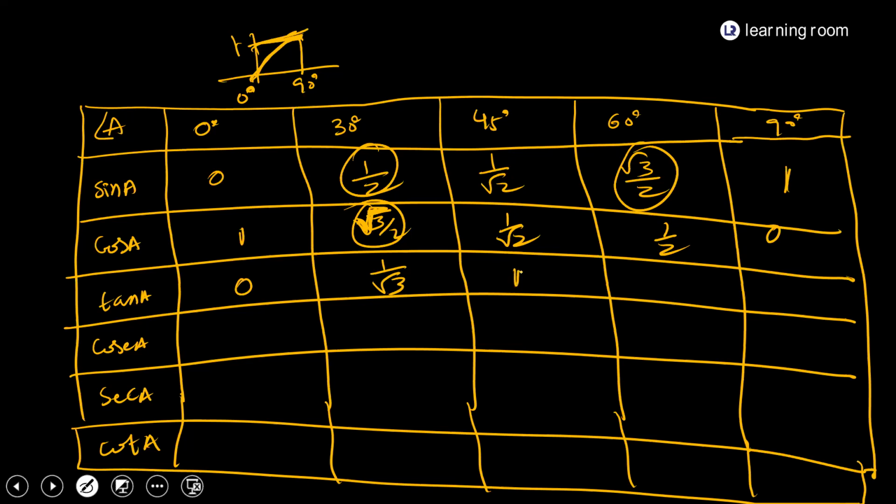Root 3 by 2 by 1 by 2 is root 3. Very good. 1 by 0 will be undefined, not defined. Okay.